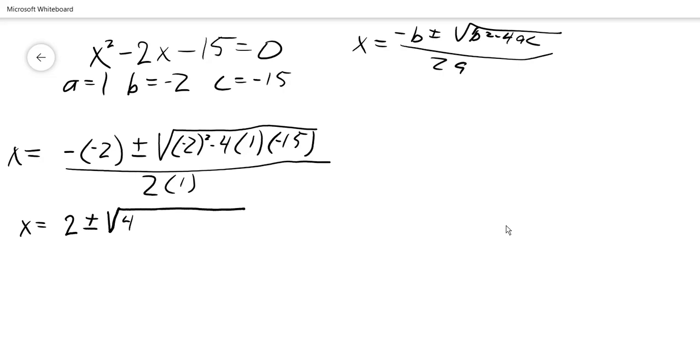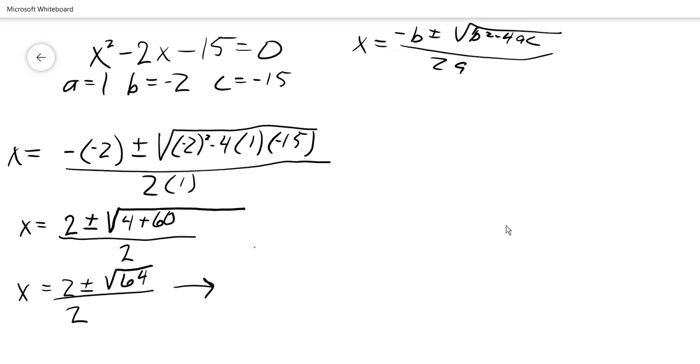Negative 4 times negative 15 is positive 60. And this is over 2 times 1, which is 2. So this is x equals 2 plus or minus the square root of 64 over 2. Okay, so that's going to be x equals 2 plus or minus 8 over 2.